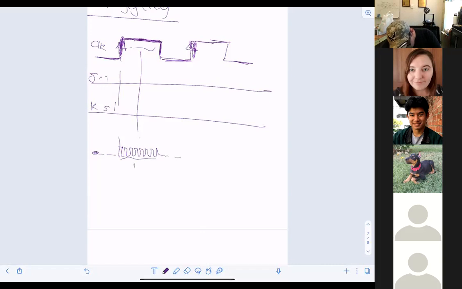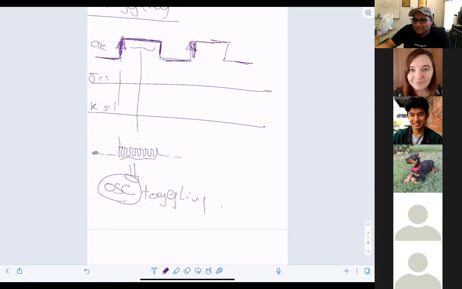So the output here is oscillating or toggling. This is the problem, because I'm going into something called a not stable situation. So they fixed the problem and they introduced a new problem. Do you guys agree? That makes sense? Yeah.